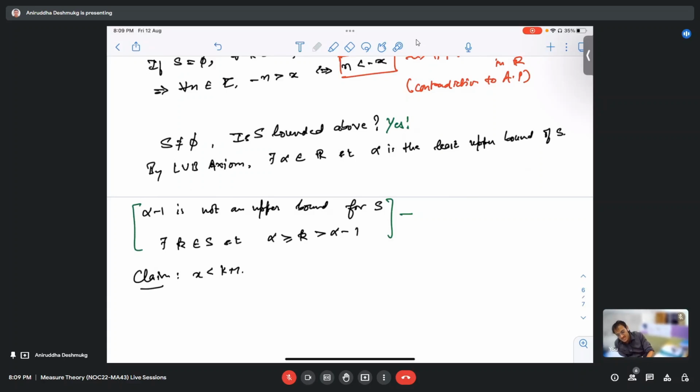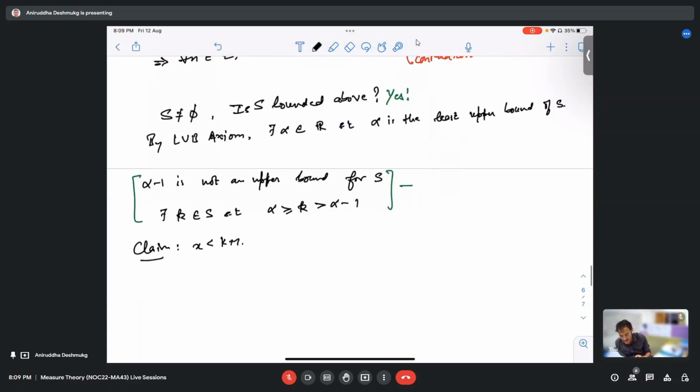So if this is clear, then this is also clear, right? x is less than k plus 1, because if not, if x is bigger than or equal to k plus 1, this implies k plus 1 is inside S, but then alpha is bigger than or equal to k plus 1, because alpha is the least upper bound, which would imply that k is less than alpha minus 1, which is a contradiction.